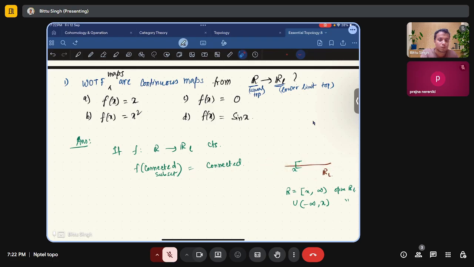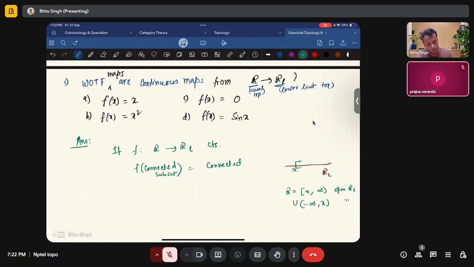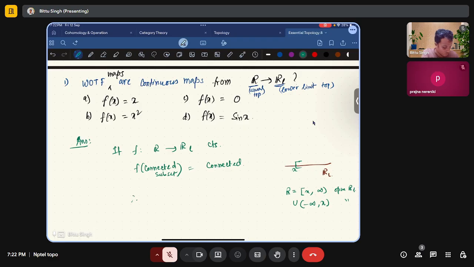Is it clear what is happening here? Yes, sir. Okay. So therefore, connected components in R_L are singleton sets.